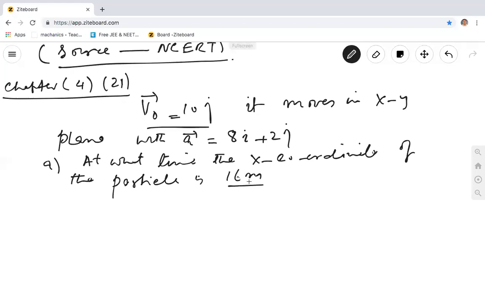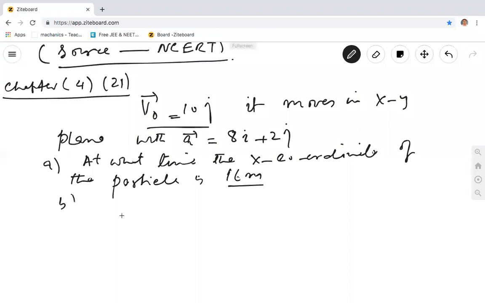Particle 6 meters on the x axis किस time जाएगा? मतलब at what time its x coordinate will be 6 meters. The particle may have some y coordinate at that time, but we have to find the time at which its x coordinate is 6 meters.